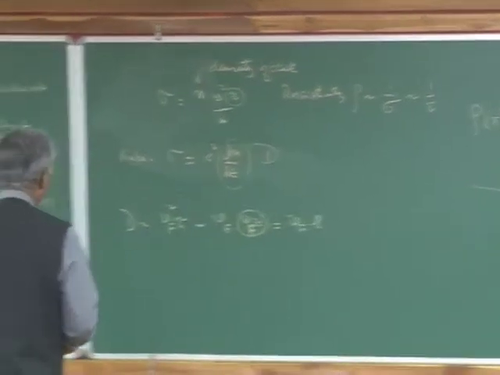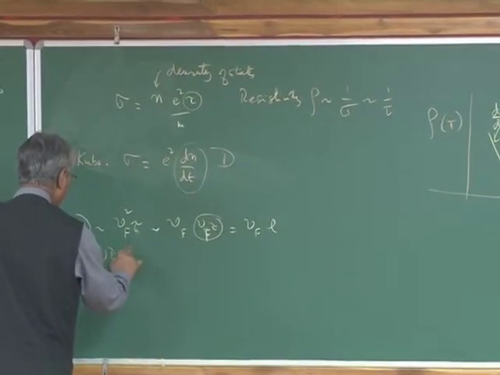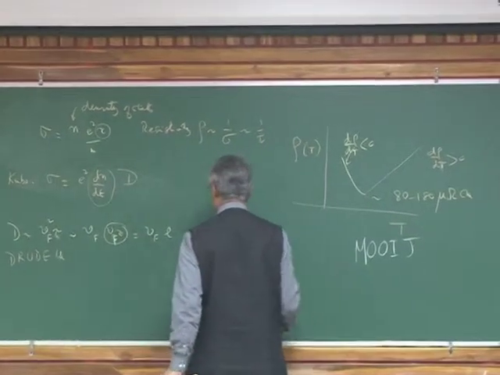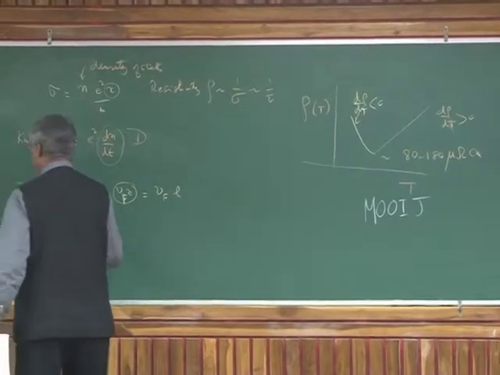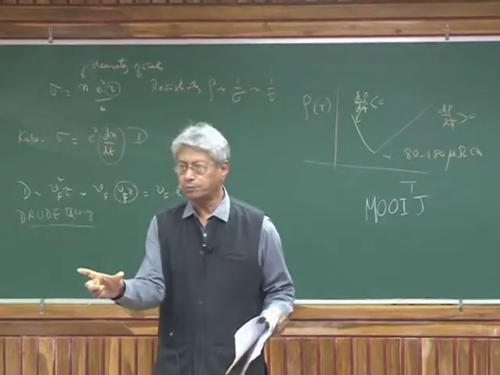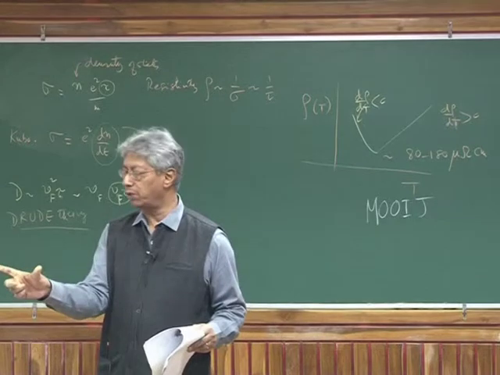So when would the Drude theory fail? In this region, the Drude theory is going to fail because you have a lot of disorder. Drude theory assumes that I have a sample length capital L, because I use small l as the mean free path.